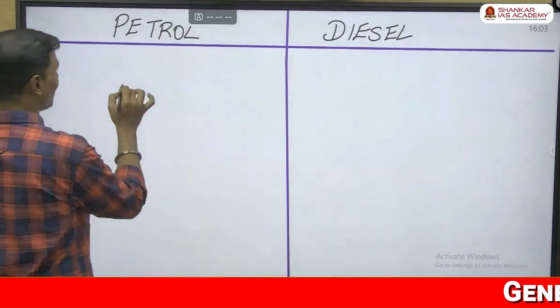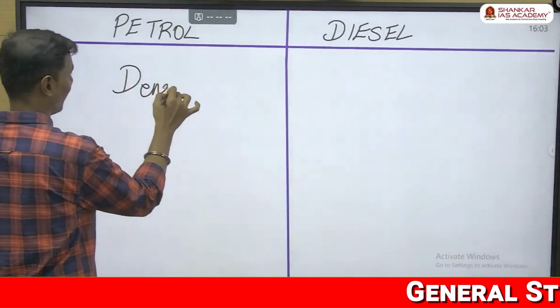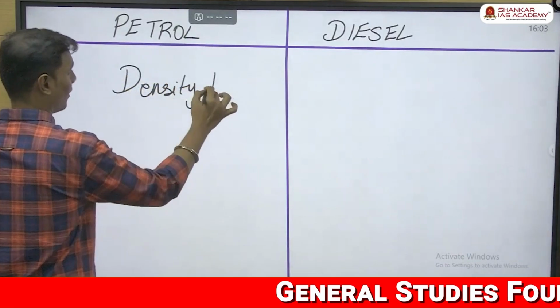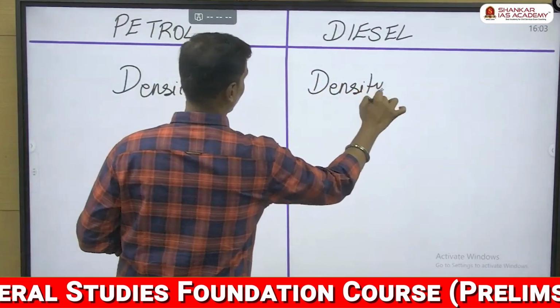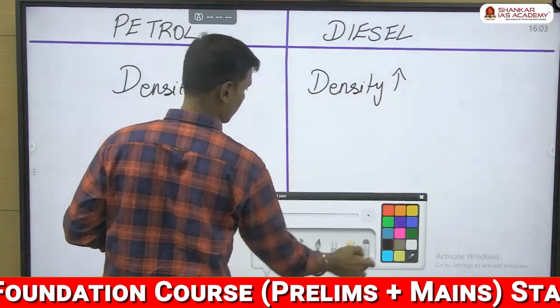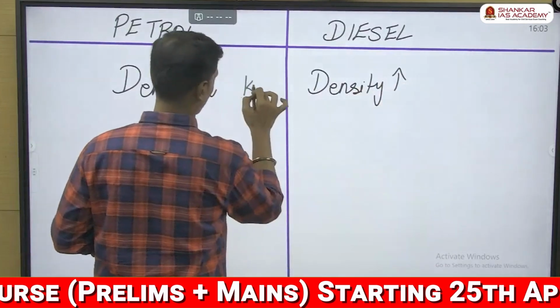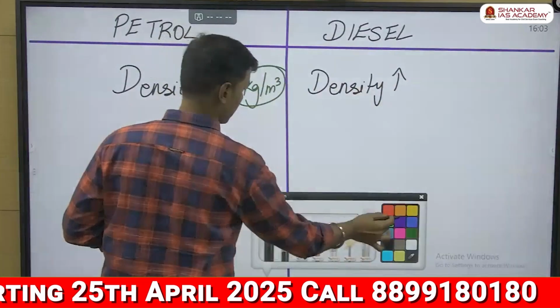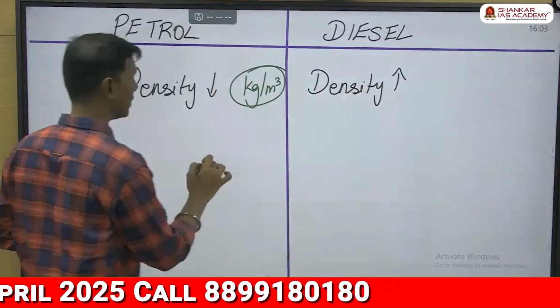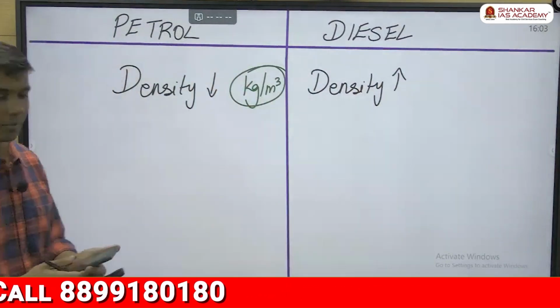Right, petrol has lesser density, and diesel has higher density. There are many myths we generally believe about petrol and diesel. We'll break them one by one.